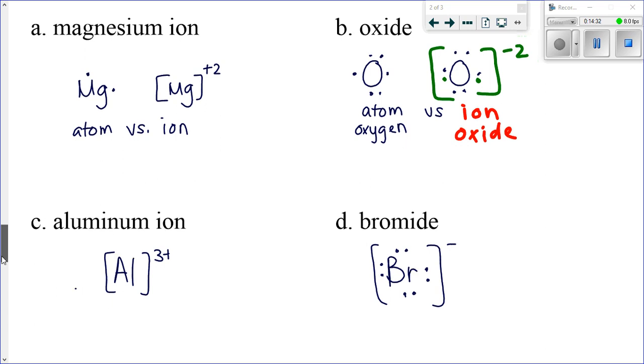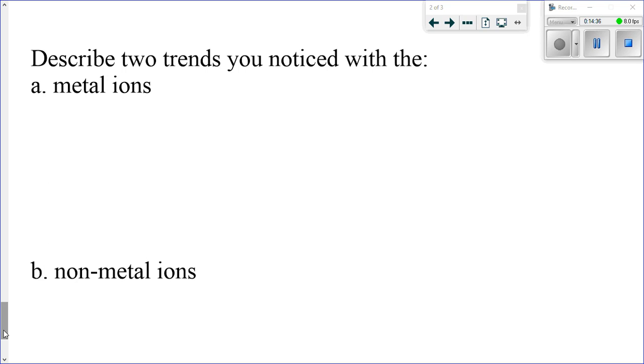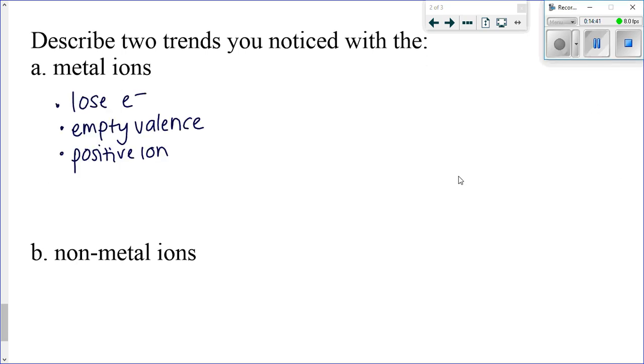I want you to now describe 2 trends that you see in metal ions and non-metal ions. Okay, so for the metal ions, we brainstorm that they lose electrons, they have an empty valence, and they have a positive ion. The non-metals, do they lose or gain?